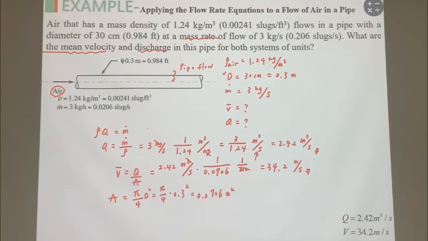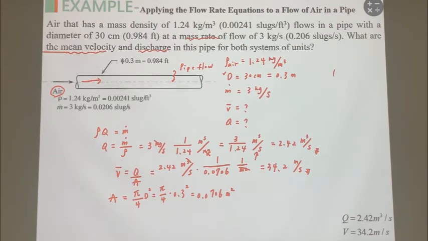Okay, the reason why we can follow all of the formulas shown here is that we assume the flow direction is always parallel to the normal vector of the cross-section area. That's why we can follow this formula.